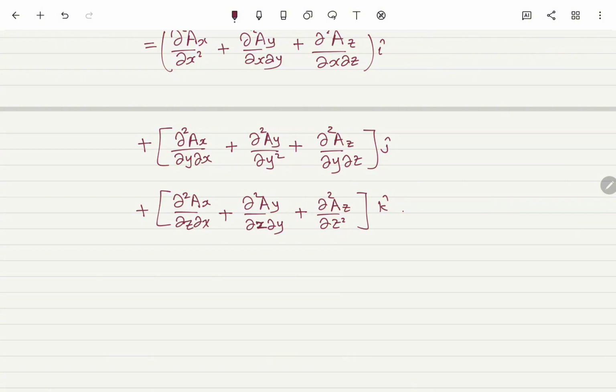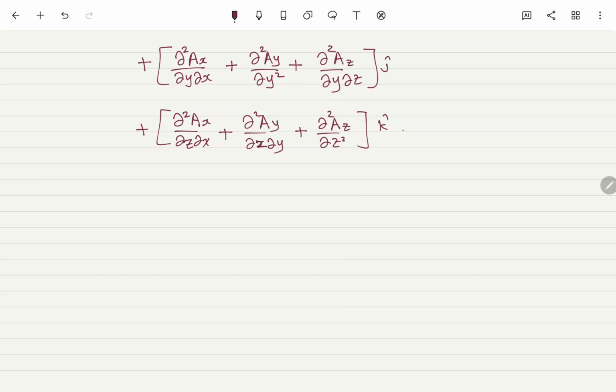Successive application of the del operator on the curl. Now let's see again. Applying a del operator on a curl quantity might have three possible cases.